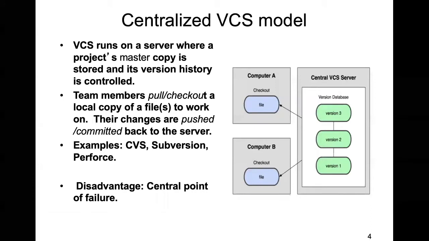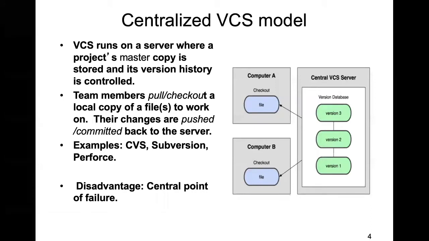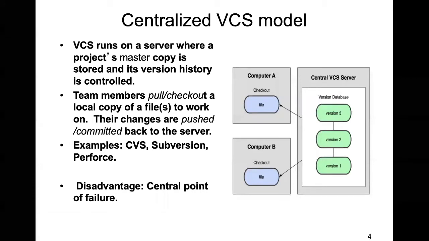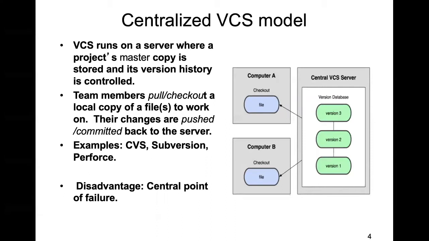Now, this is more general now. This is not Git specifically, but there are two designs to these version control systems or these version control tools. One is the centralized version control model, where if you look at the diagram on the right, you have a server, and it's the server that's actually managing the version control system for you.